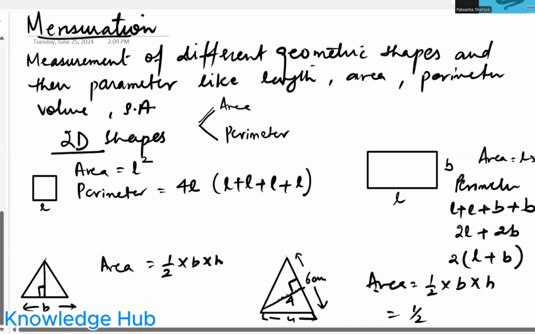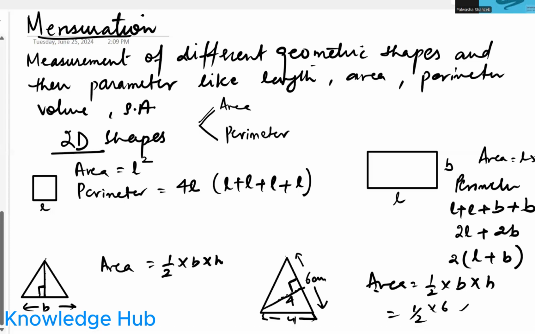So please don't get confused in it. Here the base is not 4, it is 6, because the height is 4 over here and height is always perpendicular on base. So this is the base over here, and this is the height. Every time when you are given the height, very clearly identify the height and the base in the triangle first, and then apply the formula.